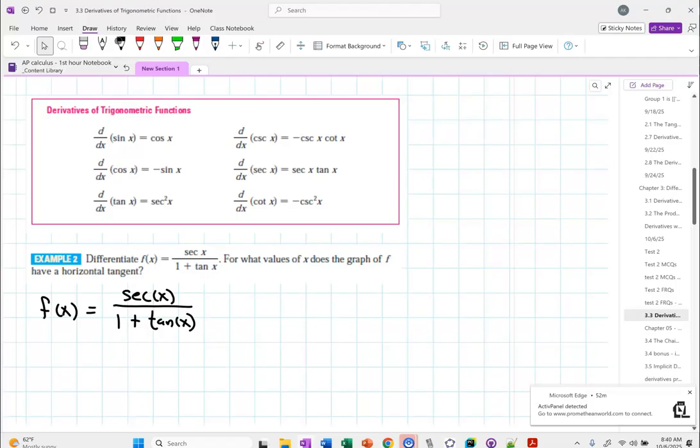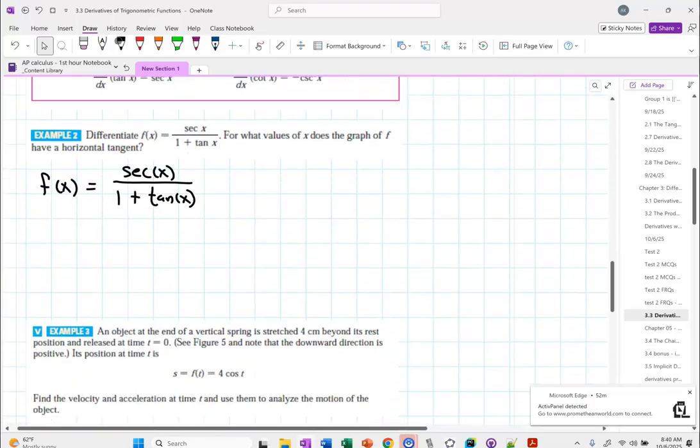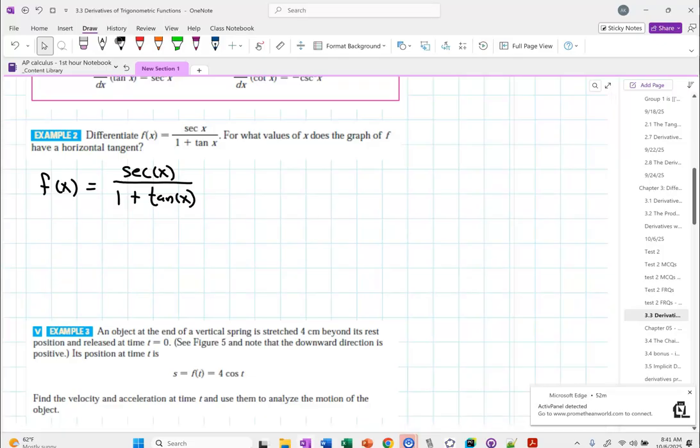I don't love the idea of having to solve something that's going to have secant squareds and tangent times secants in it, set equal to 0. So what I'm going to try to do is do a little bit of algebra beforehand. Not that it's not doable or that I wouldn't be able to do the cleanup afterward, but usually it's easier to clean up first. So that's what I'm going to do first.